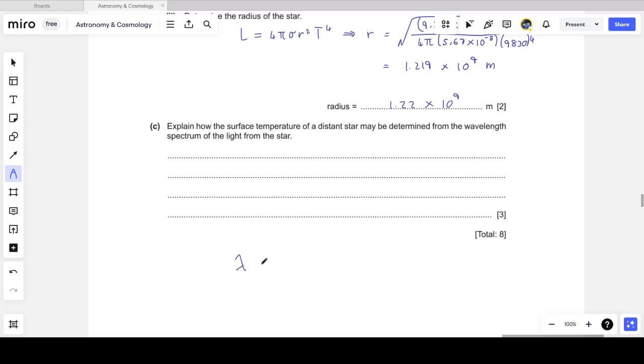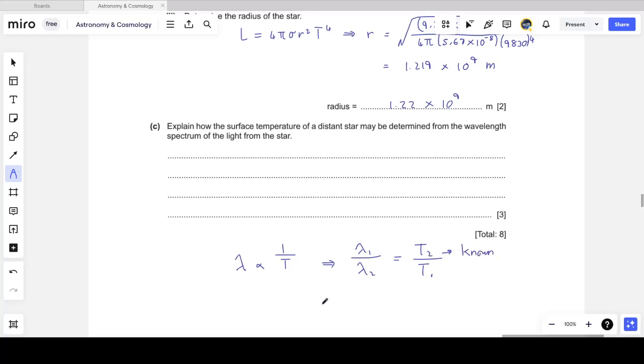And what I find is that that wavelength, by Wien's displacement law, must be inversely proportional to temperature. So if I take that wavelength and divide it by the wavelength of some other star, then this must equal the temperature of the second star divided by the temperature of the star that I'm looking for. But the values for lambda 2 and T2 must be known.